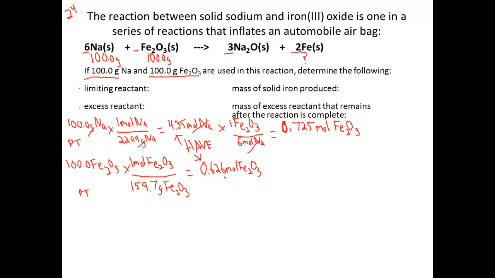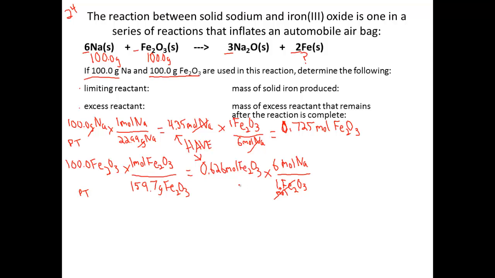And if we're starting out with 0.626 moles of iron oxide, our reaction 6 moles of sodium over 1 mole of Fe2O3.